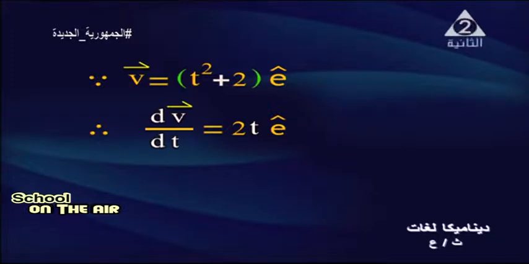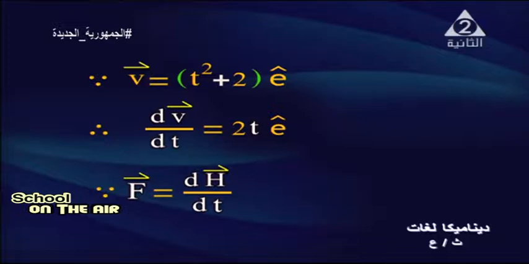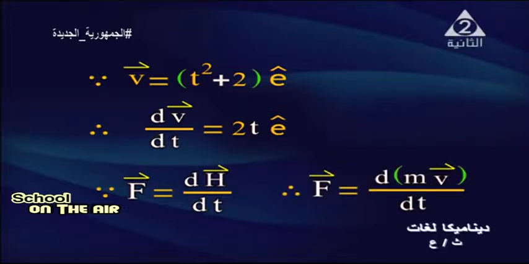And we know that the force F vector equals dP/dt, the rate of change of momentum with respect to time t. Then vector F equals the derivative of m v vector with respect to t. Now we have mass in terms of t and v in terms of t. Then we use the definition of Newton's second law.